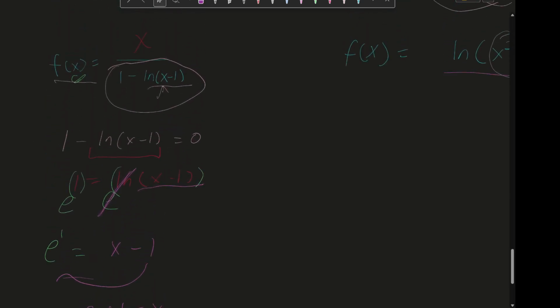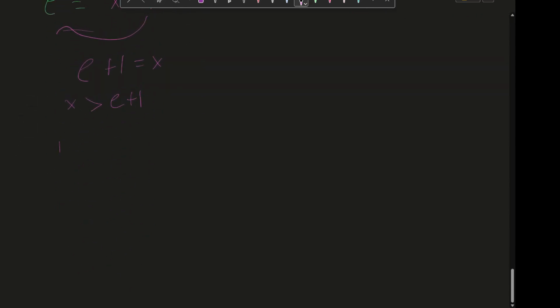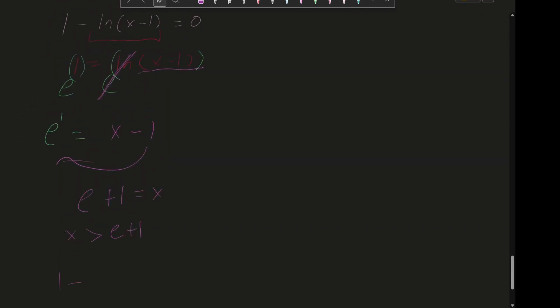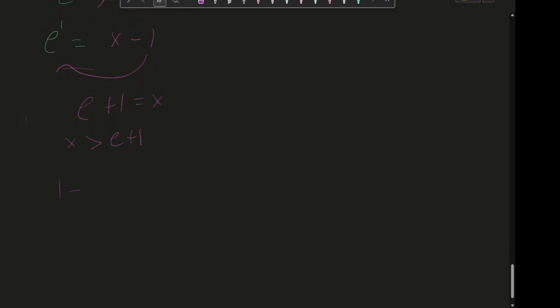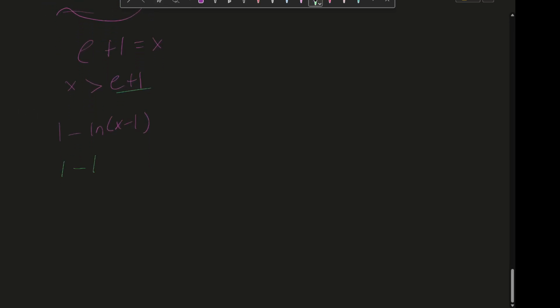And we can check by plugging that into the denominator. What was it? 1 minus ln of x minus 1. So if you plug in e plus 1 for x, you'll have 1 minus ln of e plus 1 minus 1 inside the ln function.